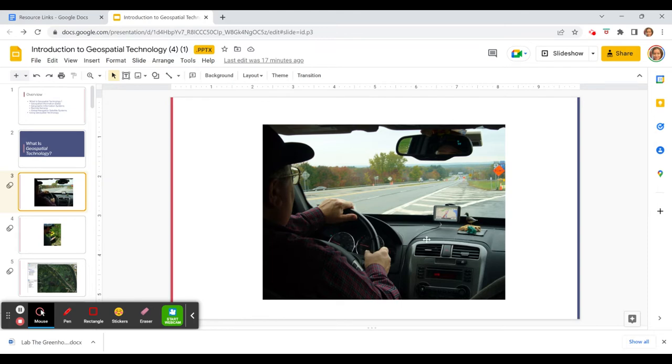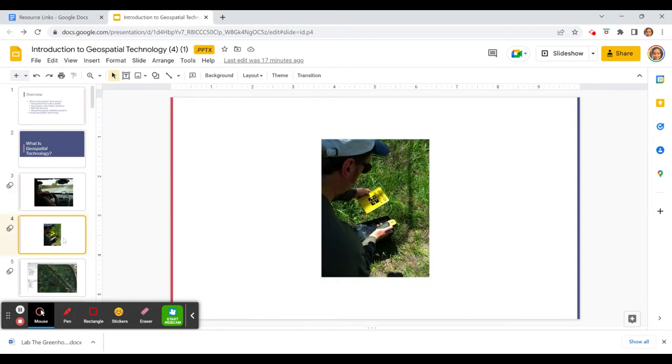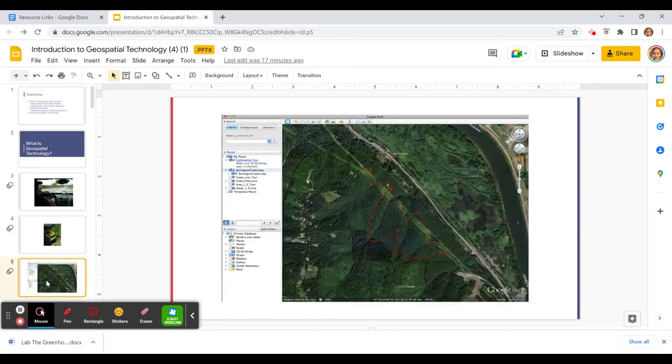In the early 2000s, mid 2000s, we were doing that with these global navigation systems. Now we're doing it with our phones. After that, we came into handheld GPS systems. And after that, we were able to use programs like Google Earth.